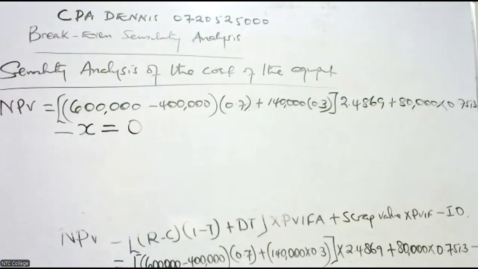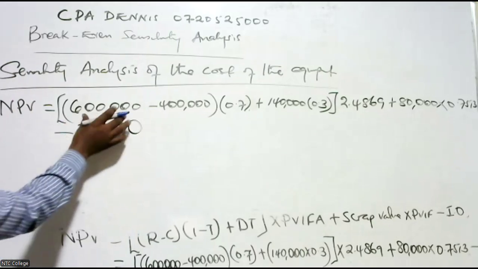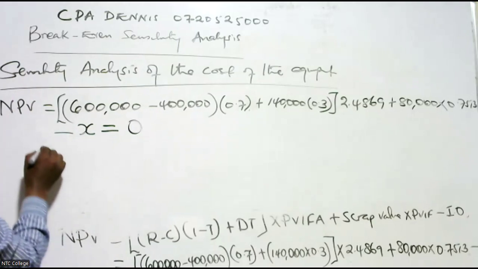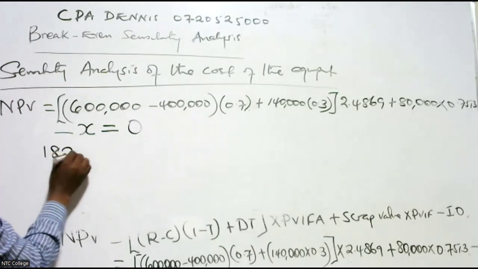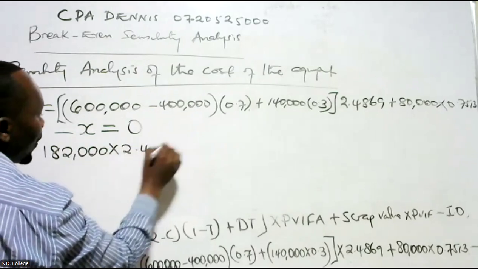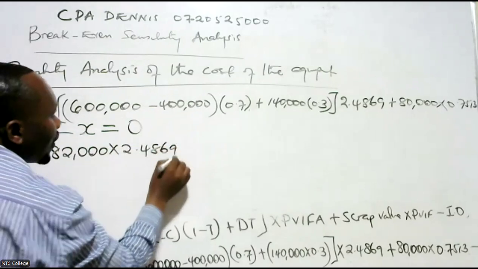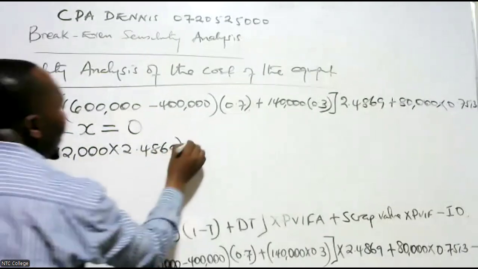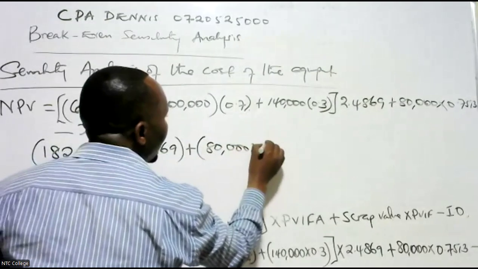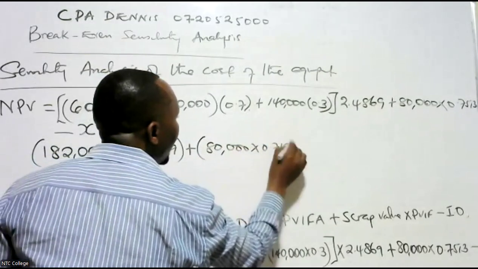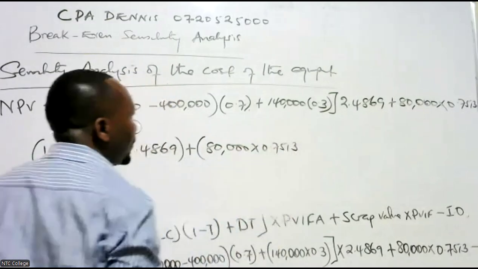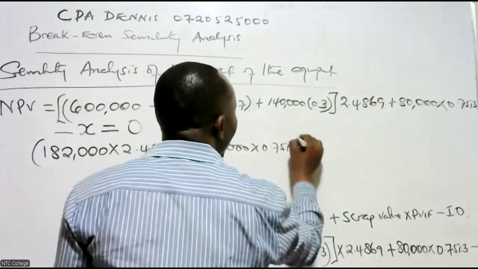But 0. Therefore, when you calculate all this, we are going to have 182,000 times 2.4869, right? Plus 80 times 0.7513, right?